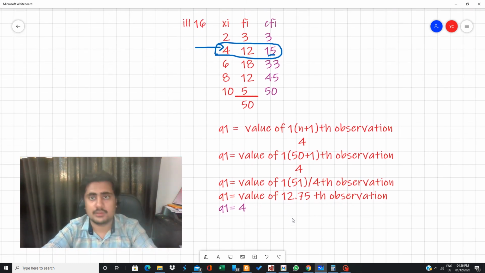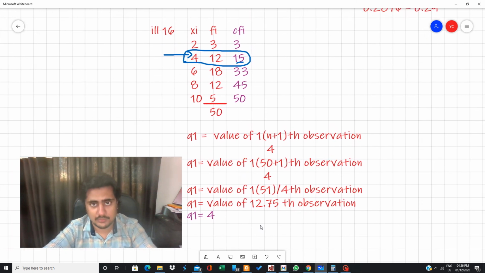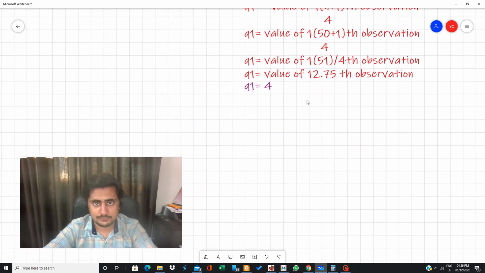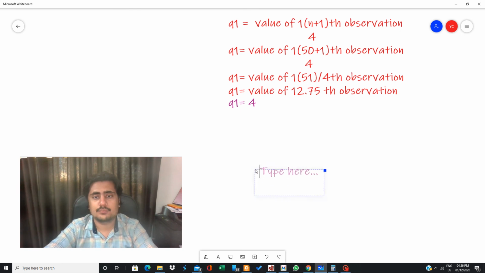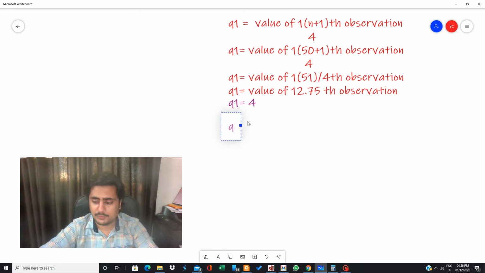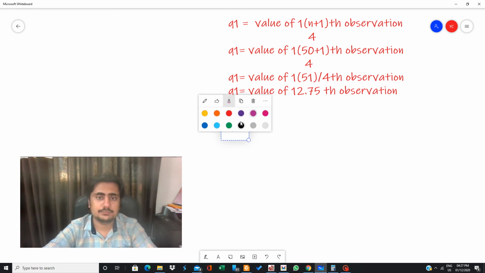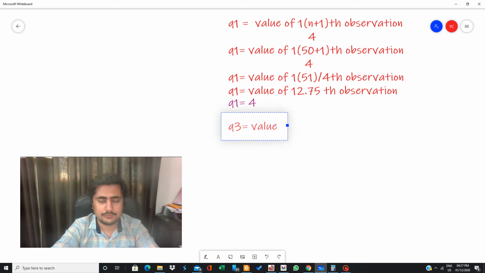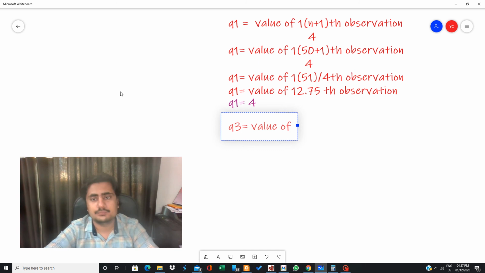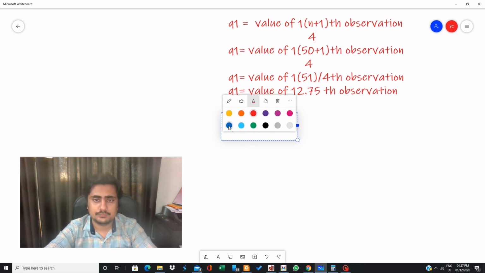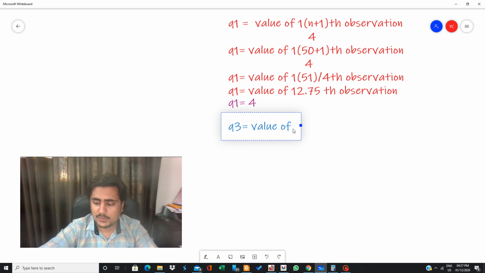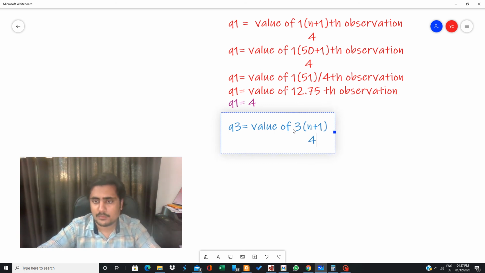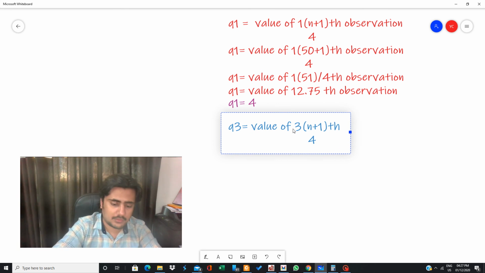Okay. In a similar way, I will be finding Q3 also. Now find Q3. What is Q3? It is the value of 3 into n plus 1 upon fourth observation.